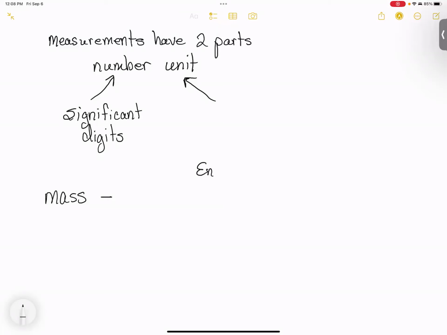The English unit of mass that many people are familiar with, if you're using a calibrated scale, might be a pound. But again, that only works if you're using a calibrated scale. Now, we will learn to convert from the English unit into the metric unit.